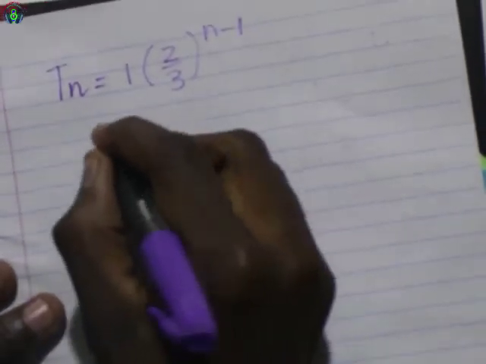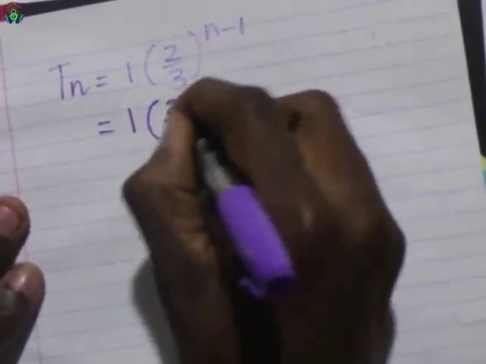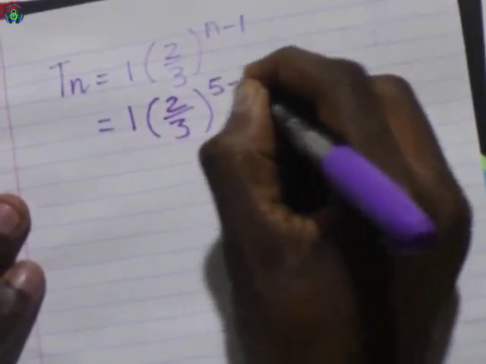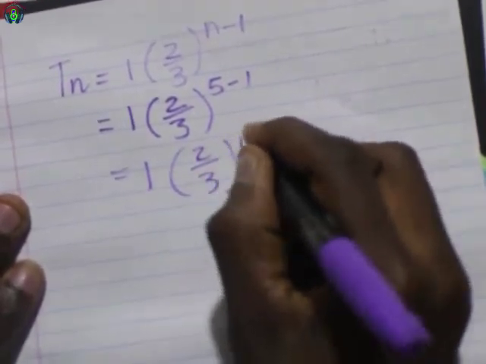Now we're looking for term number 5. The equation is still Tn equals 1 into 2 over 3 to the power n minus 1. Wherever we see n, we replace it by 5. 1 into 2 over 3 to the power 5 minus 1. This becomes 1 into 2 over 3 to the power 4.